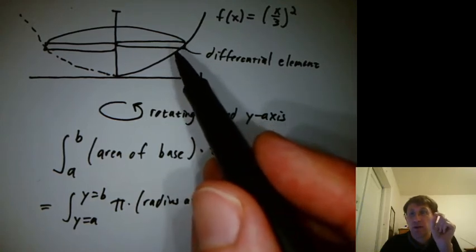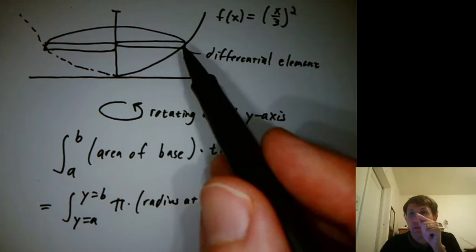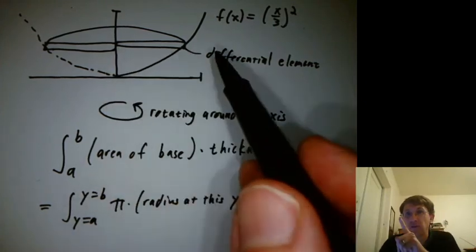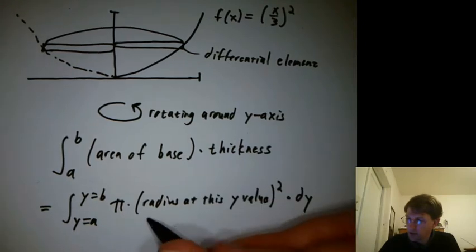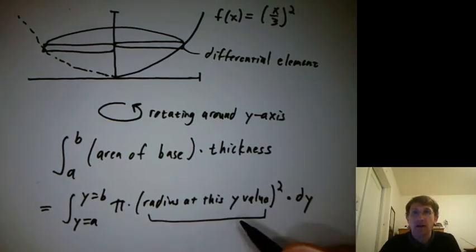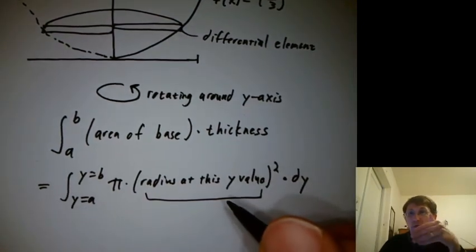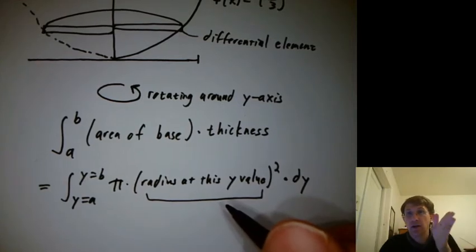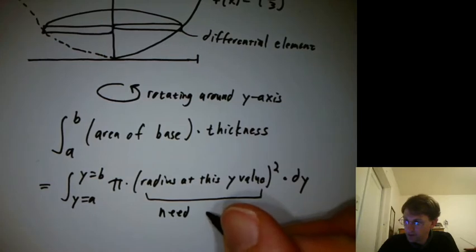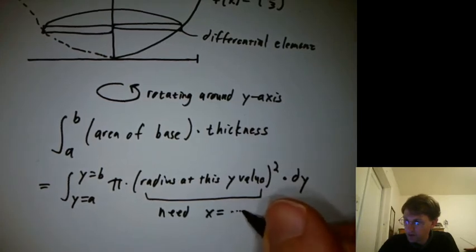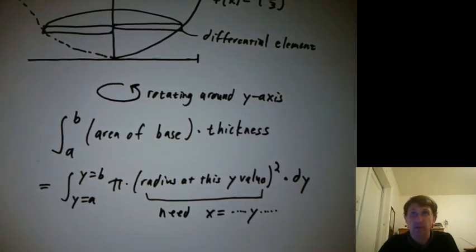But we want to say, based on how high up I am, how far out from the y-axis do I go, which is an x value. So this radius at this x value, I need an expression in terms of y. You give it y, it gives you an x value. So I need something like x equals something or other involving y.